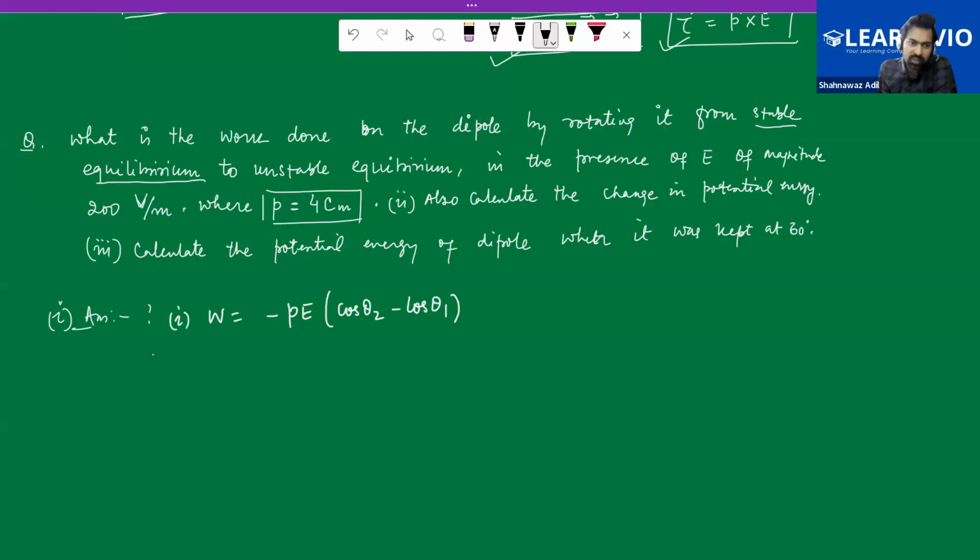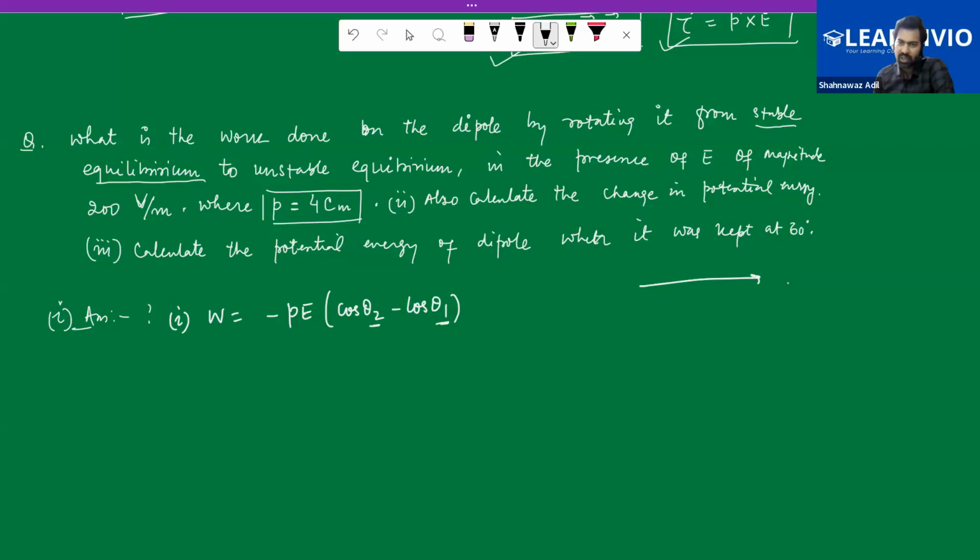So this is the work, right? P is given, E is given. We have to find out what is theta 2, what is theta 1. Theta 2 is the unstable equilibrium. Theta 1 is the stable equilibrium. So can you guys tell me what is the stable equilibrium? For what case do we have the stable equilibrium?